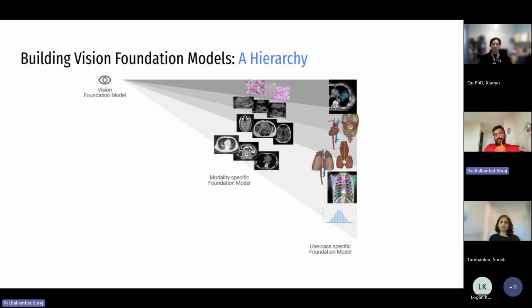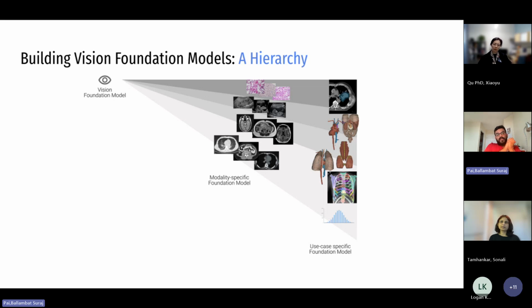And we saw that there were also different variations of it, like MedSAM, which was for medical image segmentation. And there are also multiple variants of SAM specifically for radiology. So there can be a huge range of use case specific foundation models, in addition to modality specific foundation models and general vision foundation models.